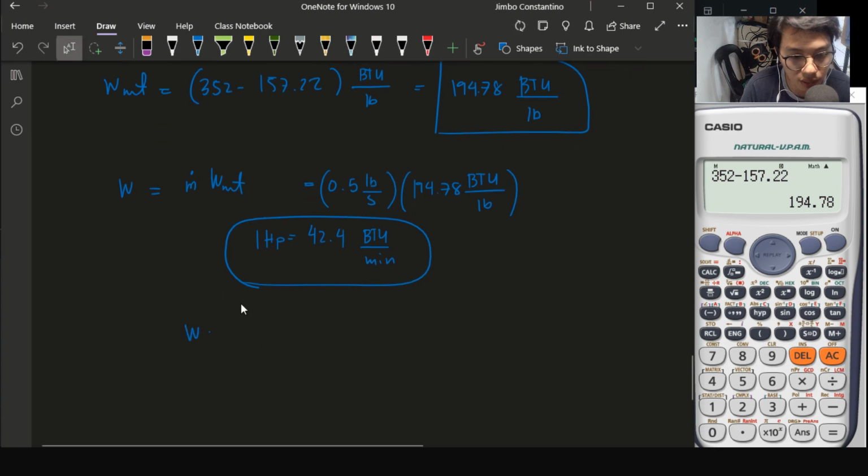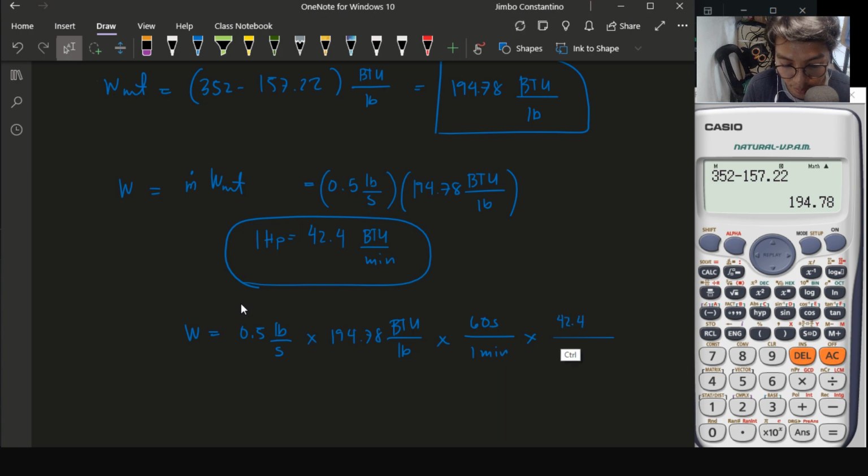O, di work net is equal to 0.5 pound in every second times 194.78 BTU per pound. Convert ko na lang to ng 60 seconds in every minute. And then, multiply ko ng 1 HP every 42.4 BTU per minute.